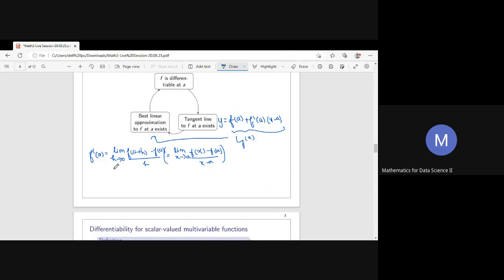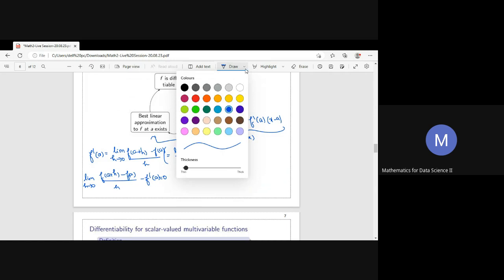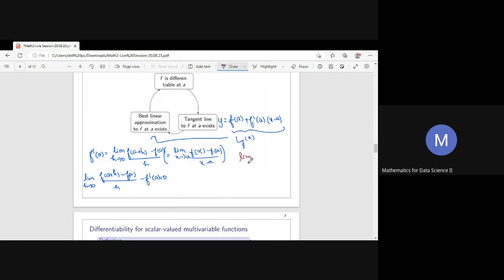Now I want to rewrite this and see what's happening. Let us bring this f dash of a to the other side. So limit h goes to 0, f of a plus h minus f of a, the whole divided by h, minus f dash of a equal to 0.